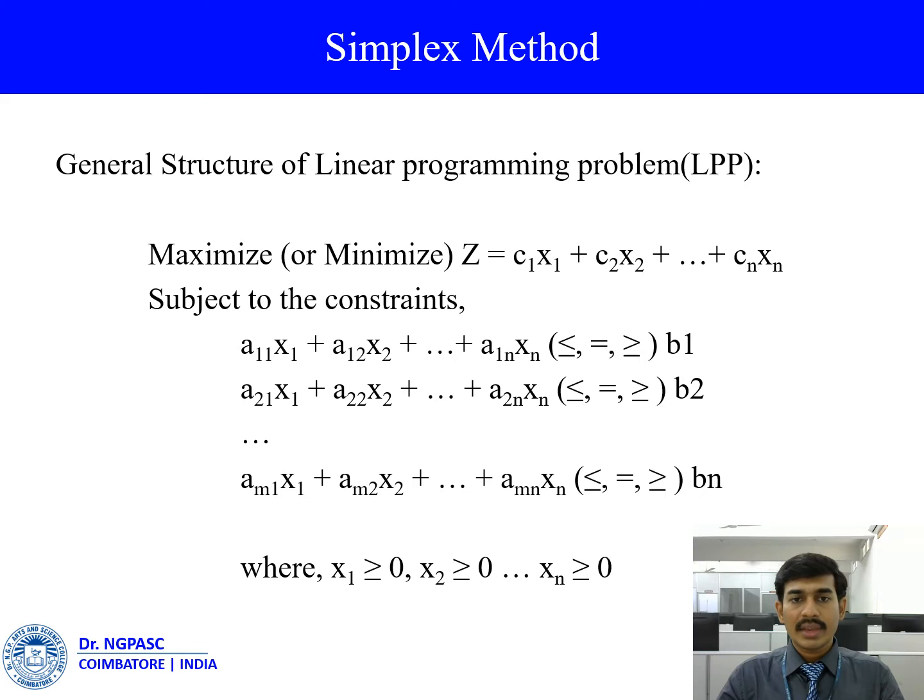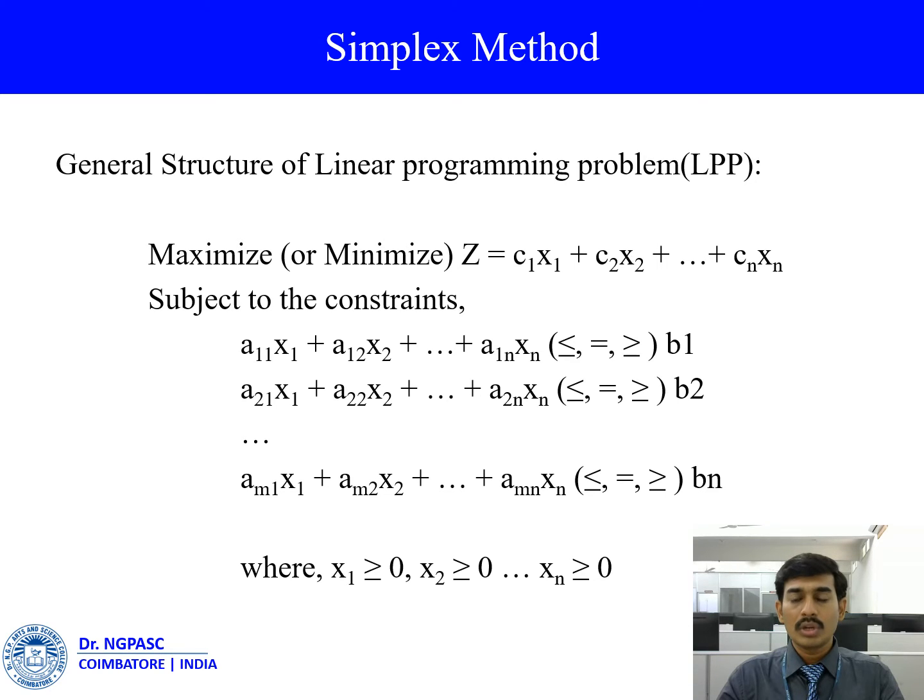The objective function: maximize or minimize z equal to c1 x1 plus c2 x2 plus etc. plus cn xn, subject to the constraints a11 x1 plus a12 x2 plus etc. a1n xn less than or equal to, or greater than or equal to, b1. a21 x1 plus a22 x2 plus etc. a2n xn less than or equal to, or greater than or equal to, b2, etc. am1 x1 plus am2 x2 plus etc. plus amn xn less than or equal to, or greater than or equal to, bm.